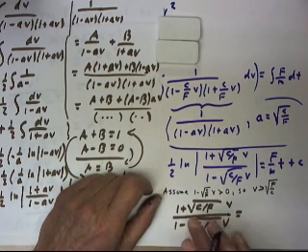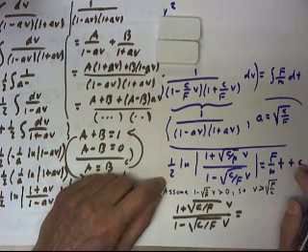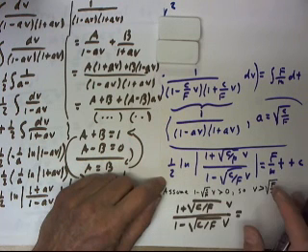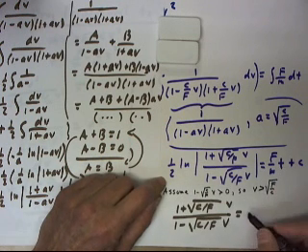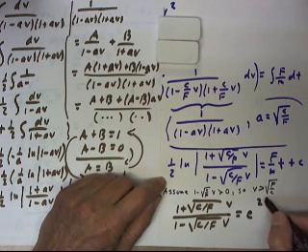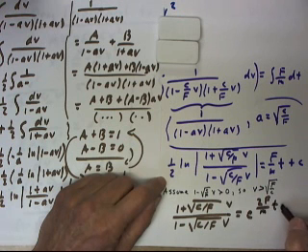And skipping steps, if we multiply this expression by 2 and then take e to this side equals e to this side, we're going to end up with e raised to the, let's be careful here, 2F over m times t plus c.